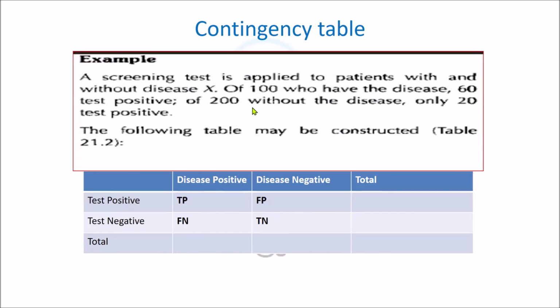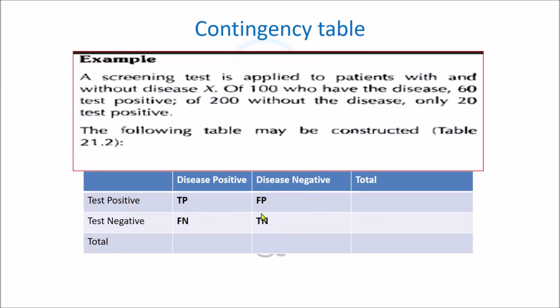200 patients or people don't have the disease, but your test detects 20 of them as positive. Is it truly positive or falsely positive? False positive, 20. So above there will be 20, and the remaining 180 are below, truly detected negative.